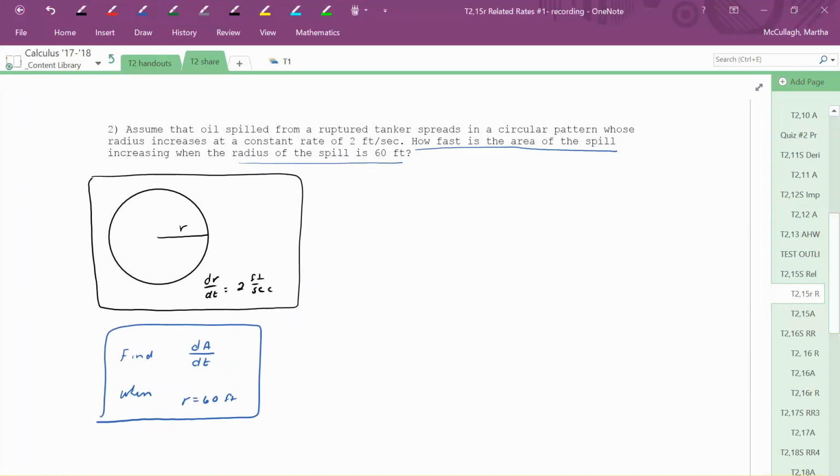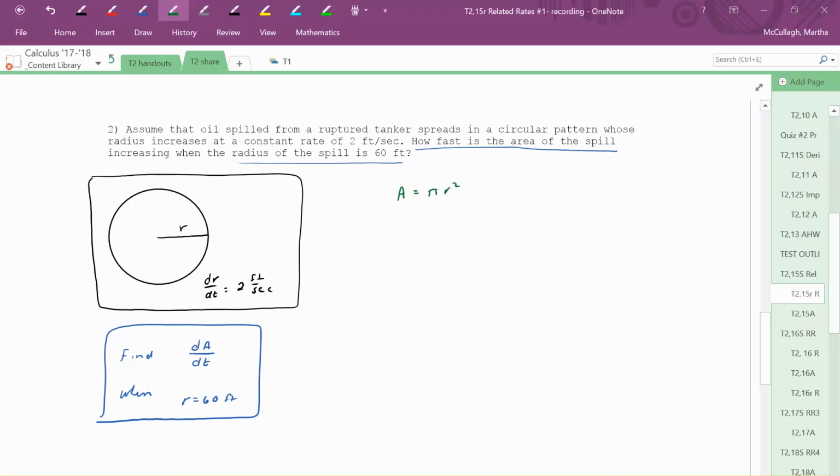So again, I need an equation. Obviously, the Pythagorean theorem isn't going to help me here, so I'm not going to go back and use that same equation. But I need an equation that's going to have something to do with a circle and the area of a circle with respect to its radius. Well, going back to geometry, I know that A equals pi r squared.